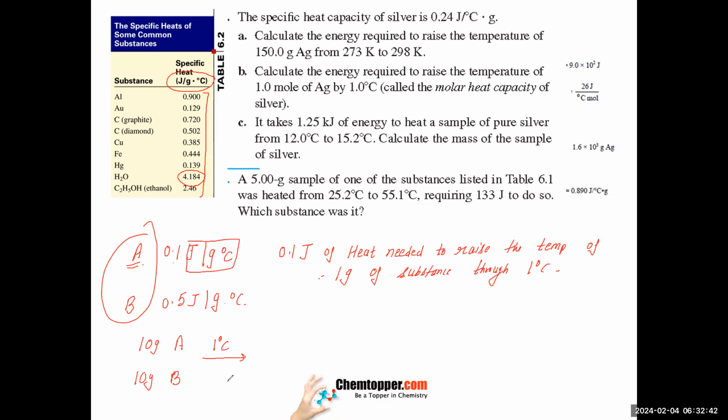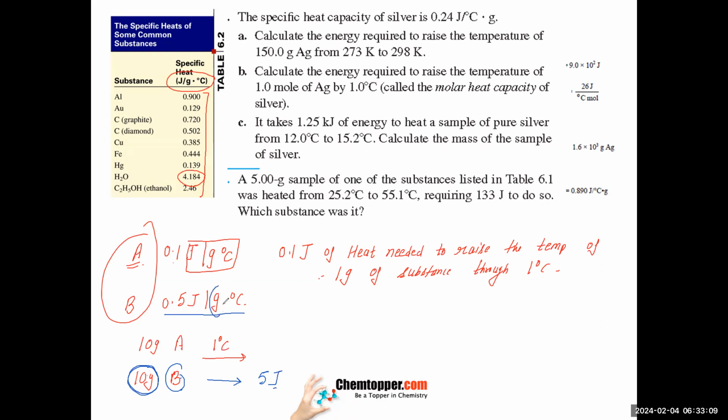Yes. In case of B, how much? Can you calculate the amount of heat needed here, Sushant? Shrihan? No, it's 10 grams. This is for 1 gram. So for B, how much amount of heat is needed? 5 joules.